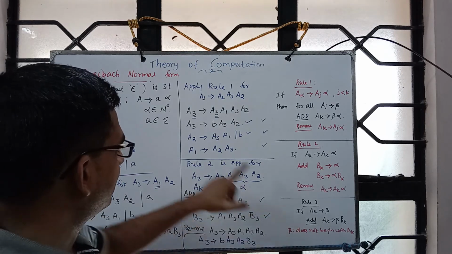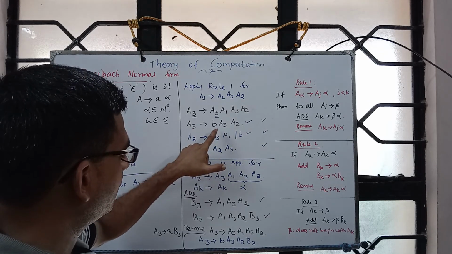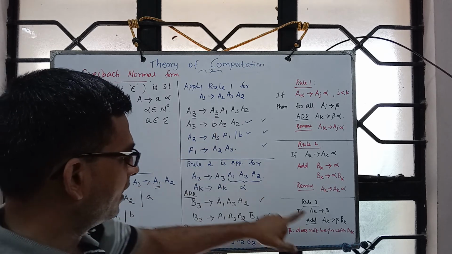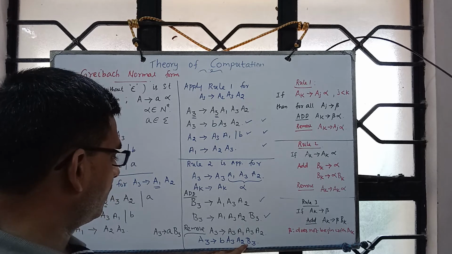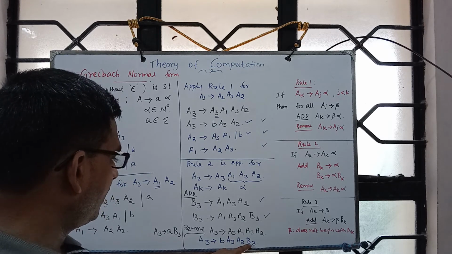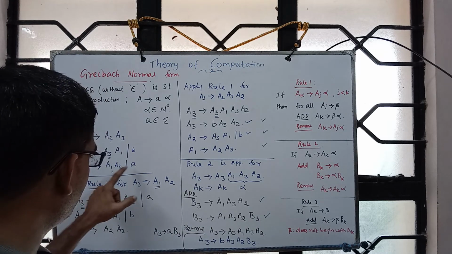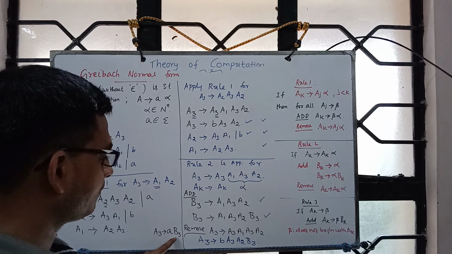And rule 3 says if you find AK implies beta, where beta does not begin with AK, then you add AK implies beta BK. Okay, so beta BK, and this should be done for each. So even for A3 implies A, we should add A3 implies AB3.